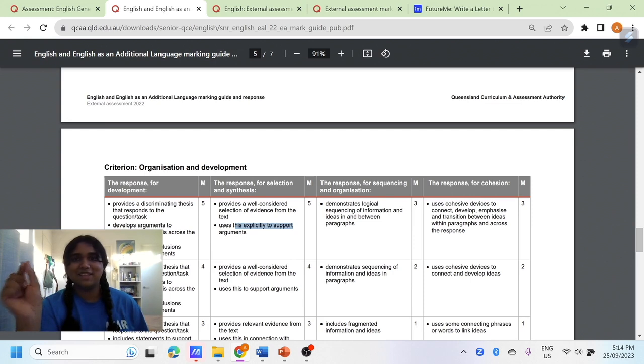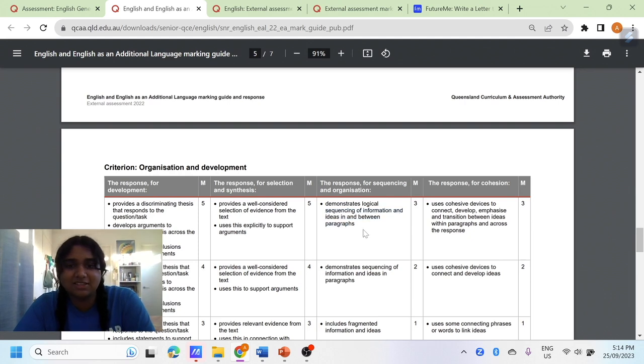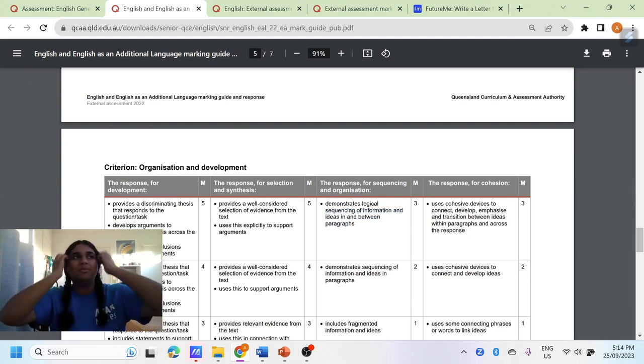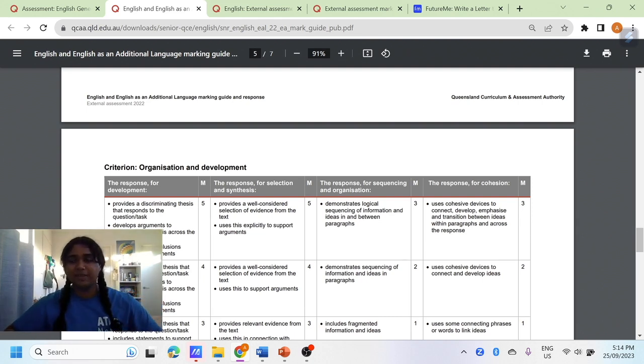That's you name dropping particular things. Logical sequencing of information and ideas in between paragraphs. I remember I did this quite well in my external because ours was on masculinity, and my thesis was basically all about how masculinity is needed in balance to maintain the great chain of being.